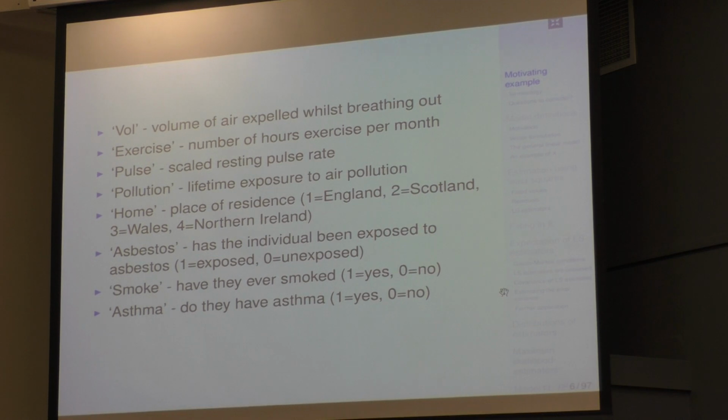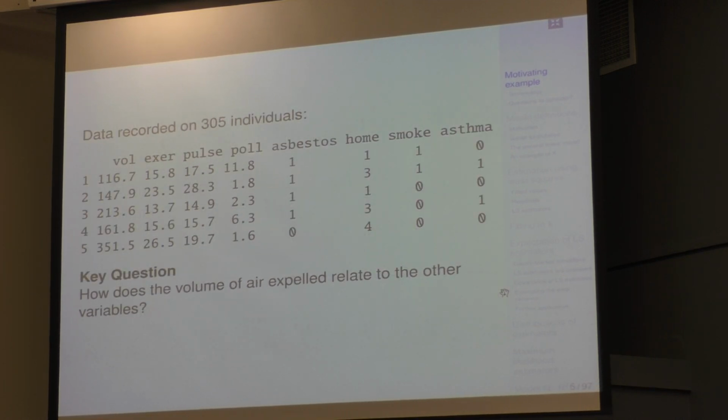So there is a breathing out exercise, and you have individuals 1, 2, 3, 4, 5. The data set is a lot longer, of course, but there is space here only for the first 5 patients for that particular study.